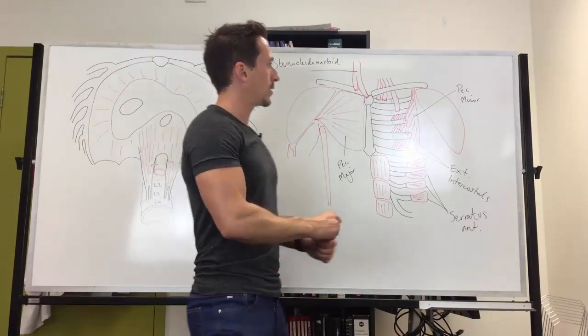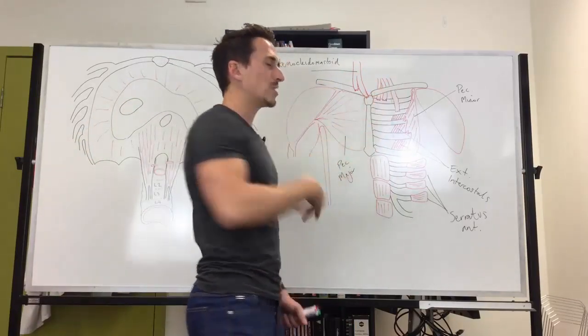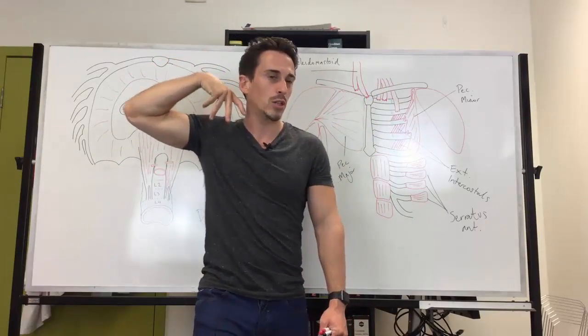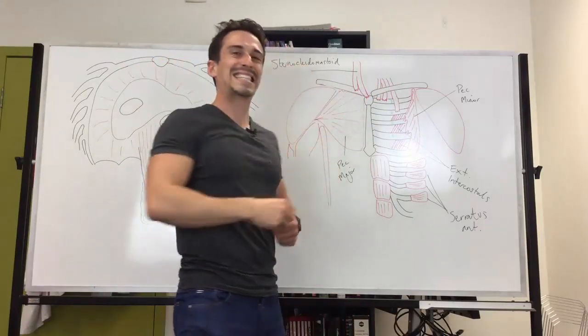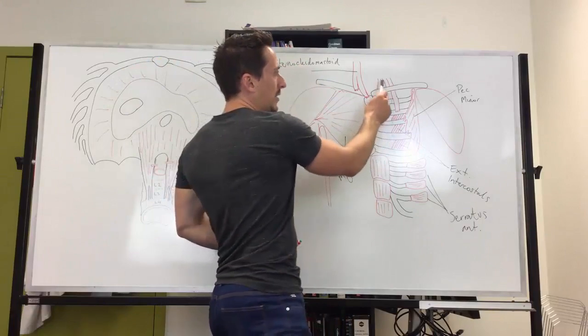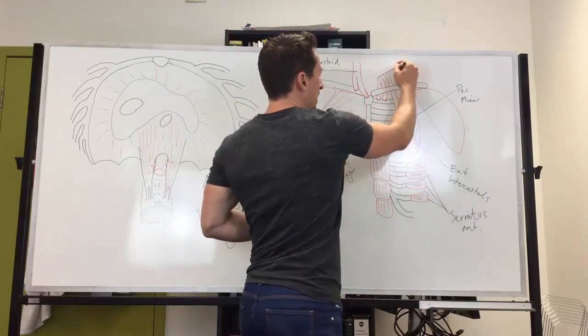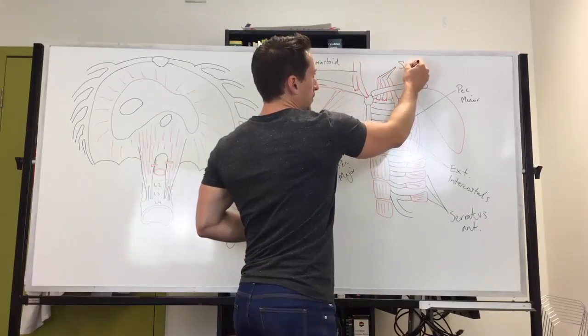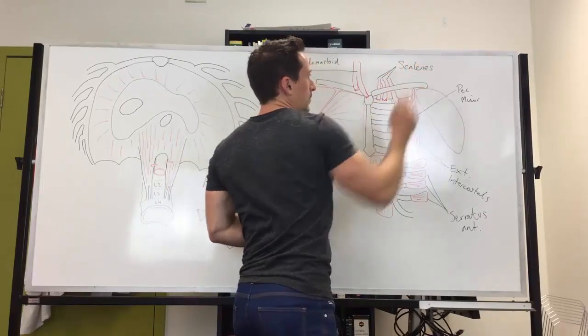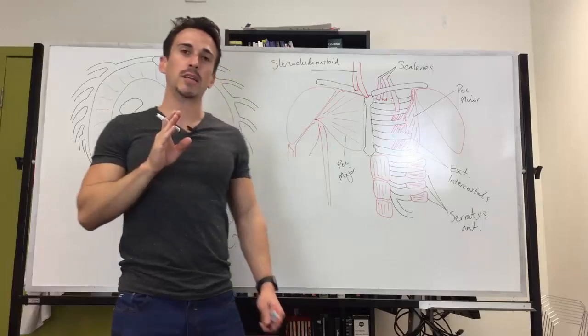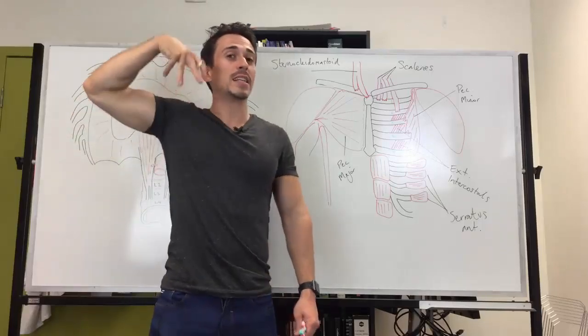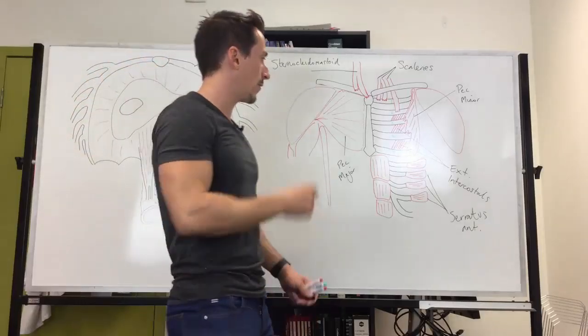Now another muscle that's involved sits next to and behind the sternocleidomastoid, called the scalenes. You've got the anterior, middle, and posterior scalenes, and you can see that these scalenes are attached to the first and second ribs. Again, contracting, lifting them up, increasing thoracic volume.